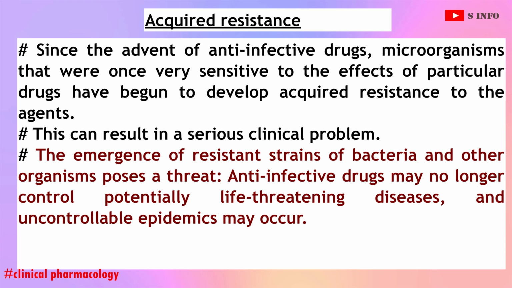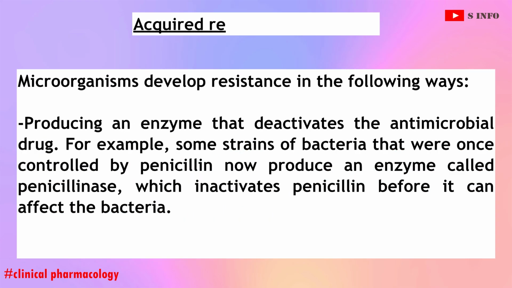But also, microorganisms develop resistance in the following ways. The first is producing an enzyme that deactivates the antimicrobial drug. For example, some strains of bacteria that were once controlled by penicillin now produce an enzyme called penicillinase, which inactivates penicillin before it can affect the bacteria.